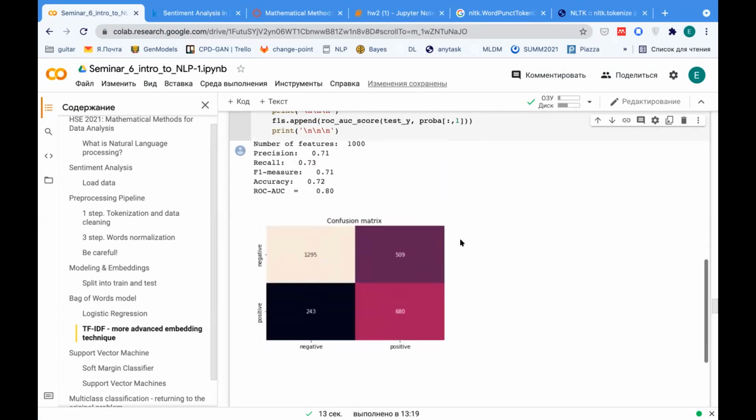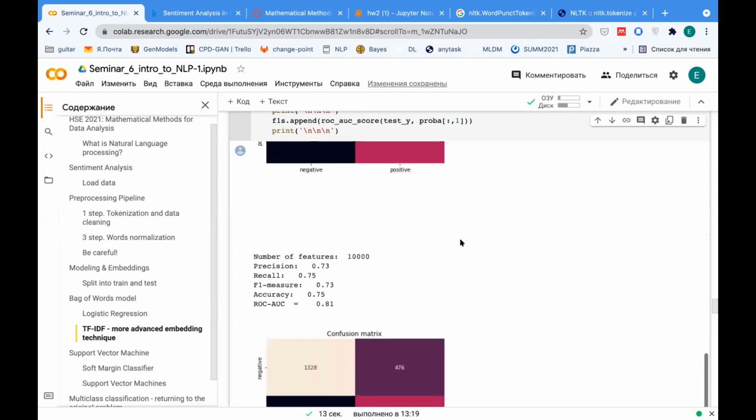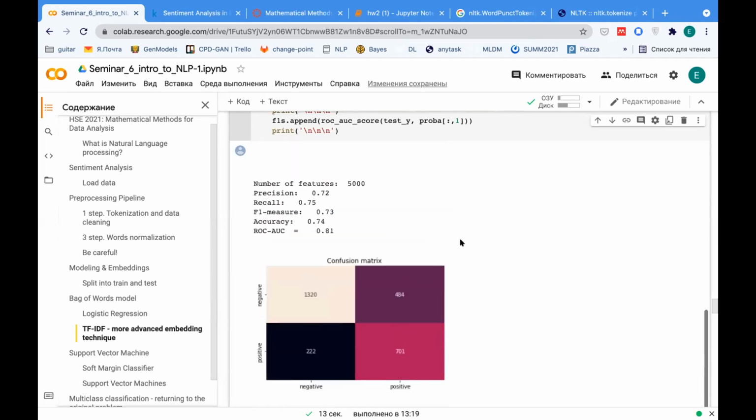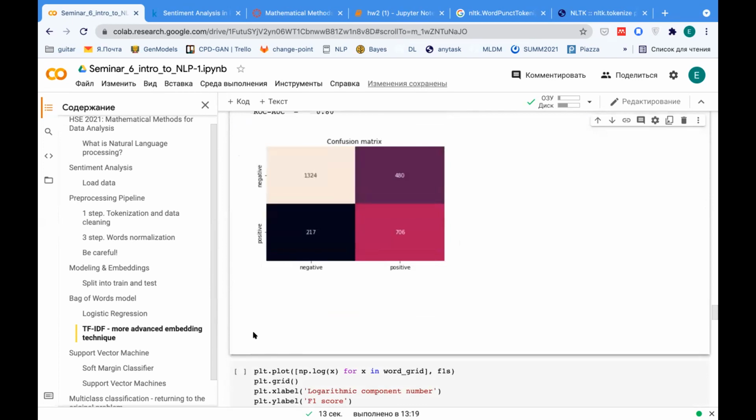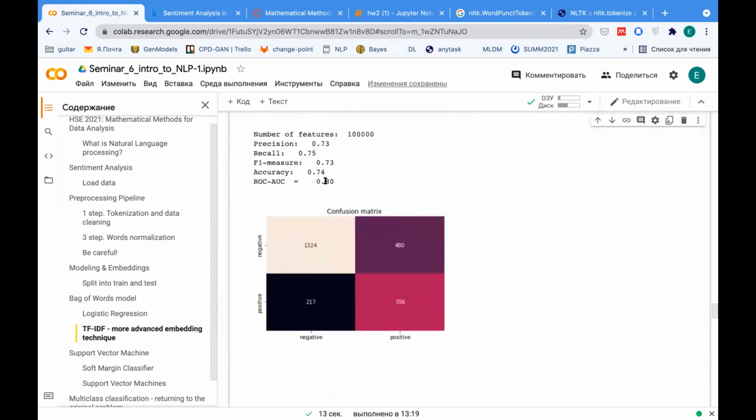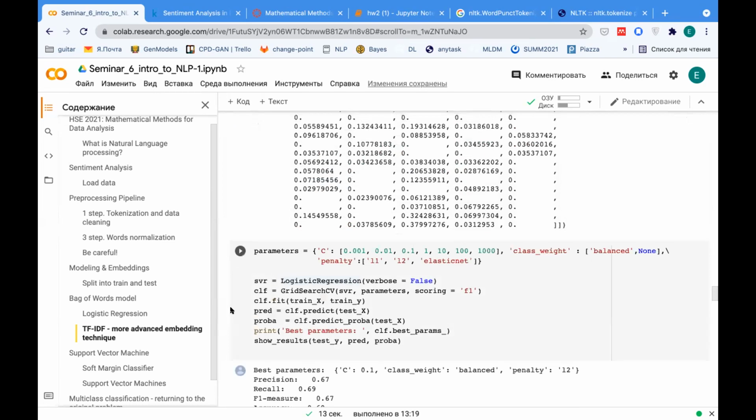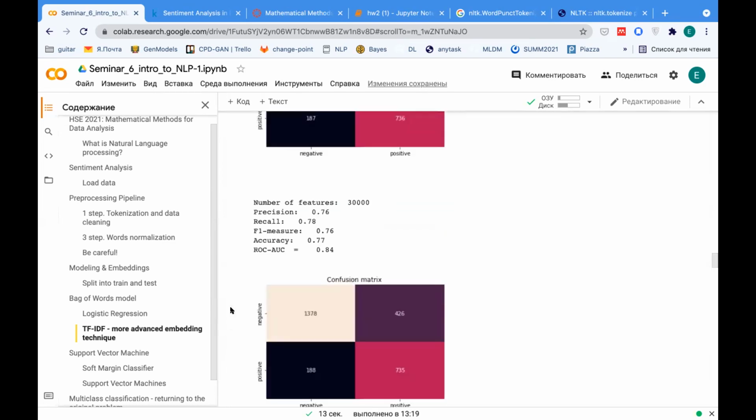better, and so on. But actually, if you look at the maximum number of words, you can see that ROC AUC is not as high as we had it in count vectorizer. So we have it like this here, and here we had it like this.